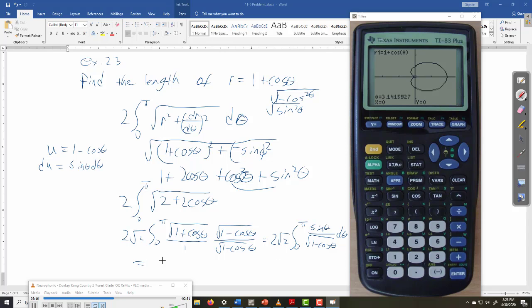So this becomes an integral. Might as well change my limits over. Cosine of 0 is 1, so 1 minus 1 is 0. Cosine of pi is negative 1, so 1 minus negative 1 is 2. Let's see, 2 square root of 2, I forgot that part. And then it's 1 over square root u, so u to the negative 1/2 du. So 2 square root u.